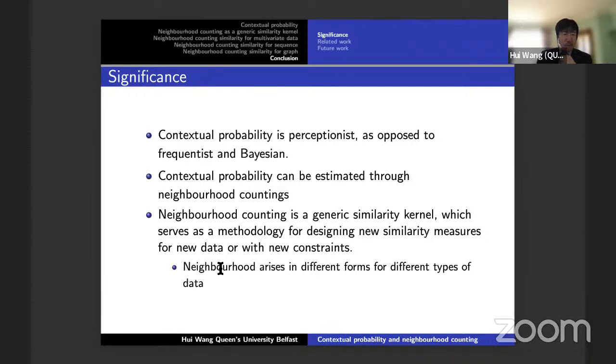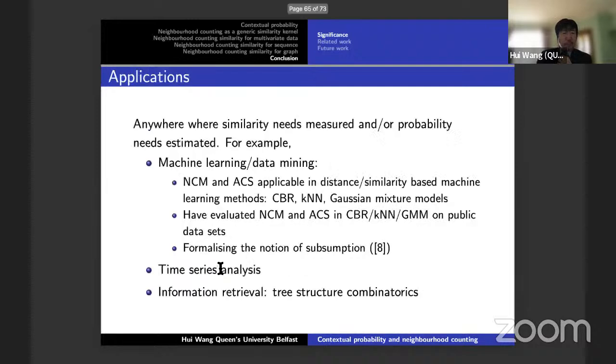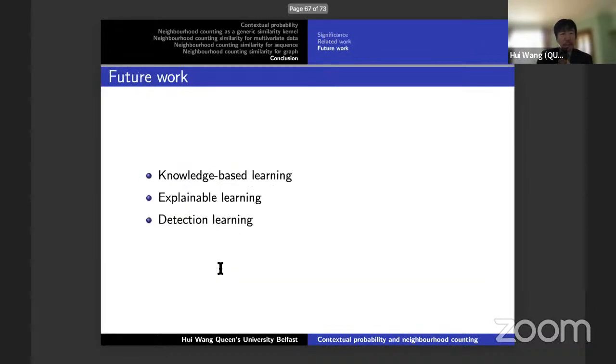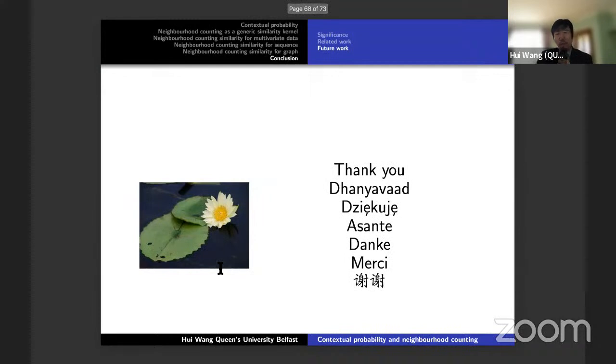And neighborhood counting is a generic similarity kernel which serves as a methodology for designing new similarity measures for new types of data or to incorporate new constraints. It can be applied to different places, and that is the related work and future work. I will stop here. Thank you very much.